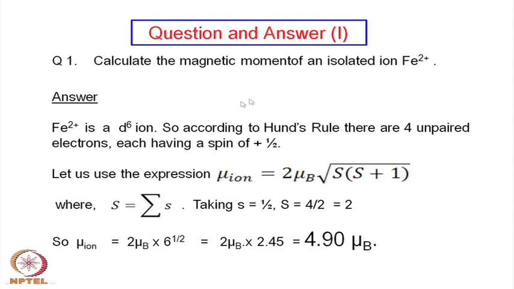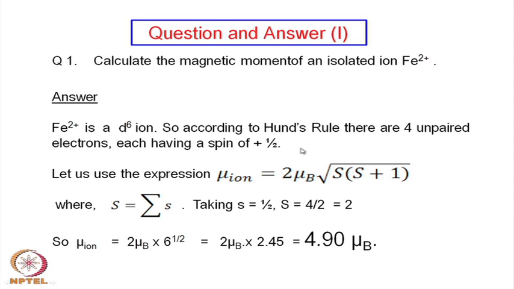For example, how to calculate the magnetic moment of such an ion. It depends obviously on the d shell electrons, the unpaired electrons. Fe2+ is actually a d6 ion.